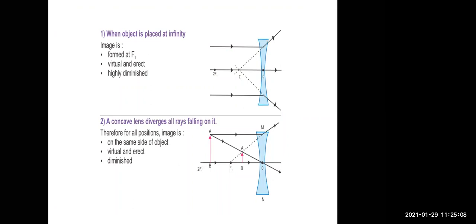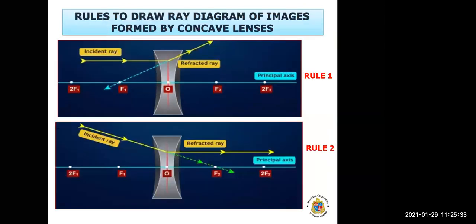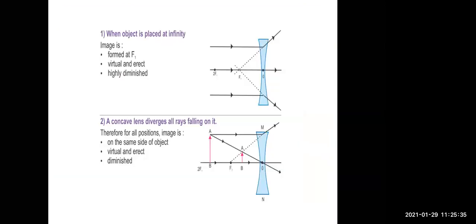It is virtual and erect, and in this case the position of the image will be at the first focus point. Then if the object is placed anywhere between the optical center and infinite distance, then the image will be formed between the optical center and focus f1, the size of the image will be small, and the nature of the image will be virtual and erect, as you can see here.